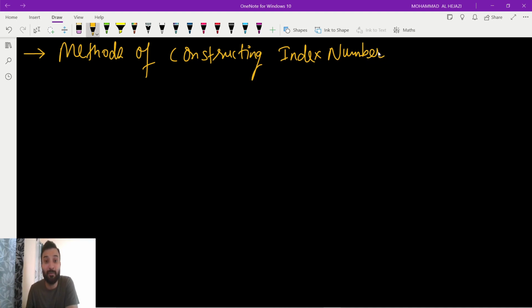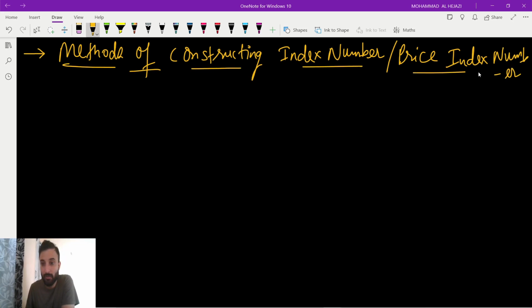Methods of constructing index number, याद रखना. Remember the thing: index number is also called price index number. Index number को price index number भी बोलते हैं जी. Because sometimes in the examination they will say index number. Suppose I'm just telling you, calculate Laspeyres' index number. Some student will forget and wonder what is index number, what is Laspeyres' index number?